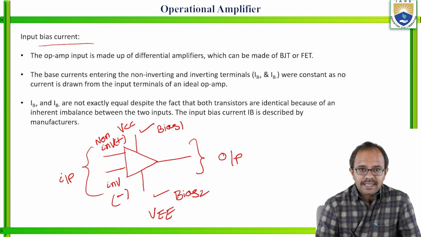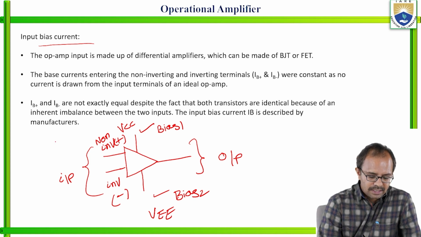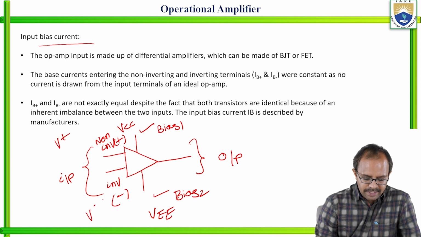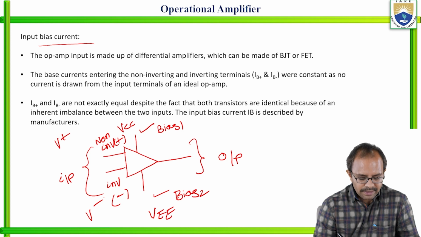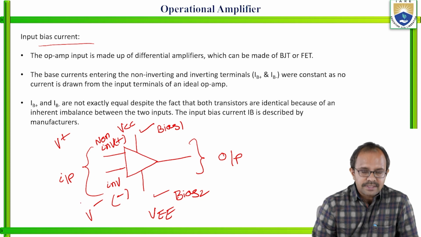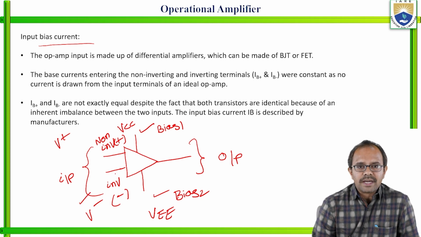Since there are 2 inputs, I can say that this is V plus, and this is V minus. Because of this V plus, this will cause some current in the non-inverting terminal, and because of this inverting voltage, this will cause some current in the inverting terminal.